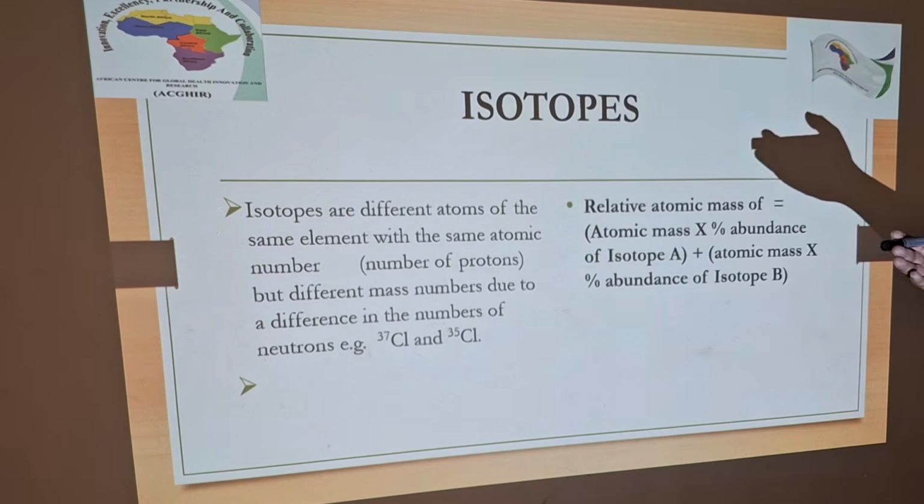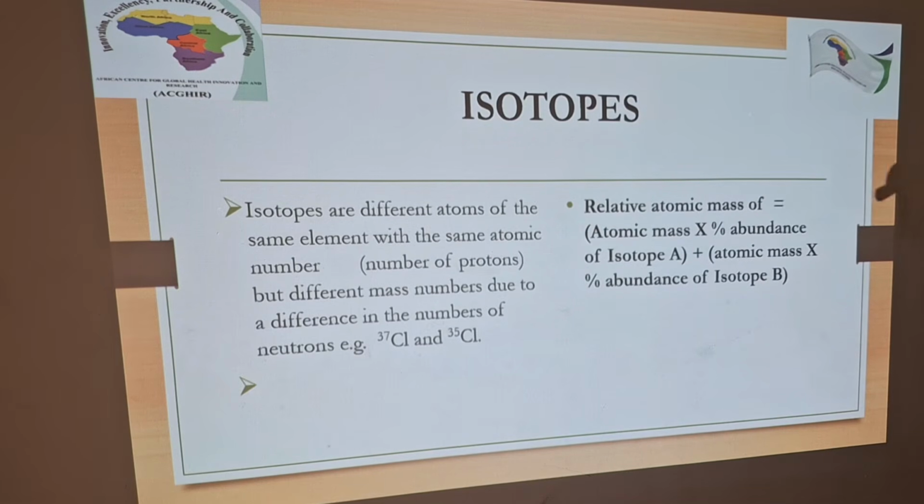Right. So for us to be able to calculate the relative atomic mass of a substance which exists as isotopes, we basically say the atomic mass of isotope 1 times its percentage abundance plus the atomic mass of isotope 2 times its percentage abundance.